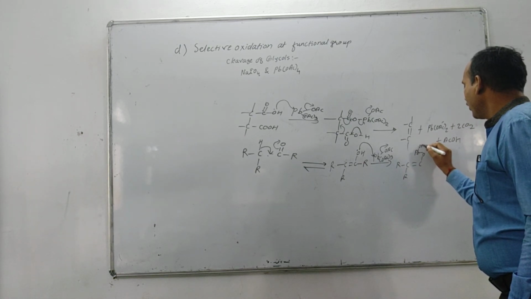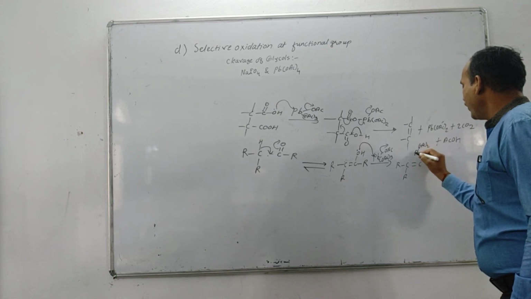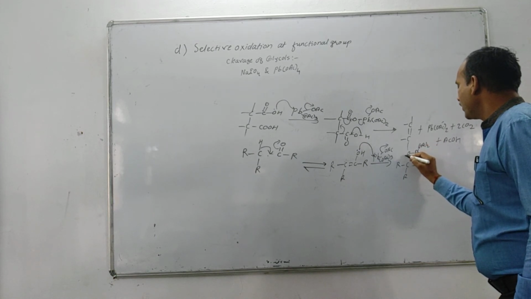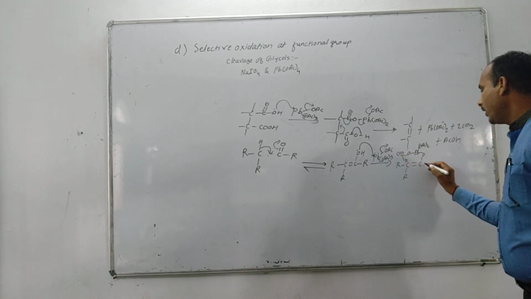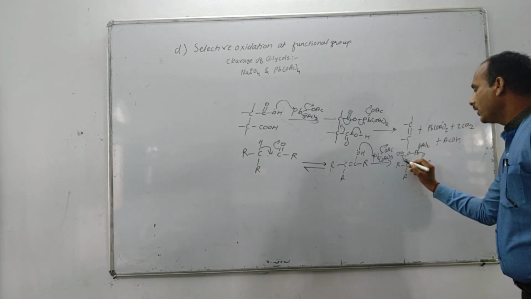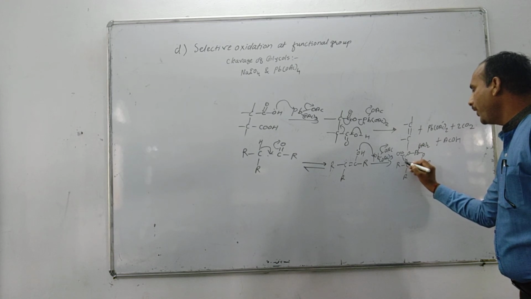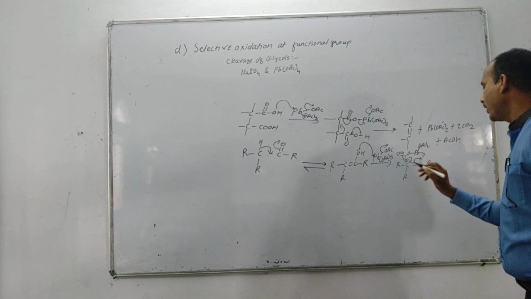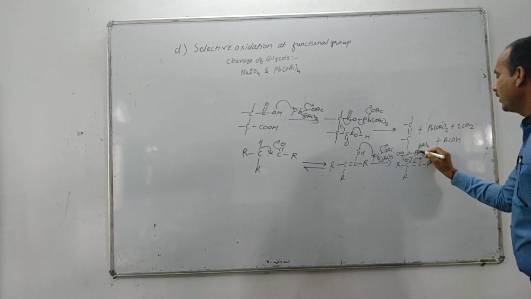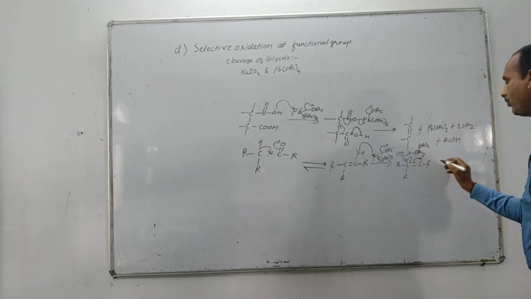So R C double bond C O Pb OAc twice and one OAc, O C double bond O CH3. We write it here, and here is R. Now the oxygen lone pair attacks this carbon, then this bond shifts here to form the C double bond O, and there is breaking of the Pb-O bond.